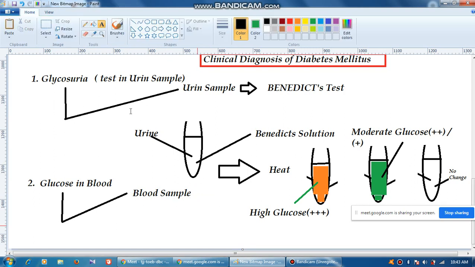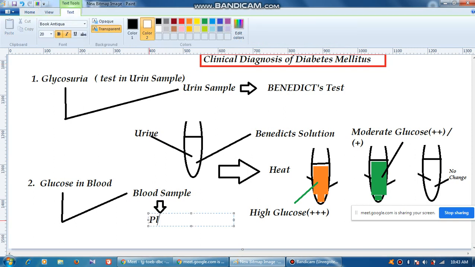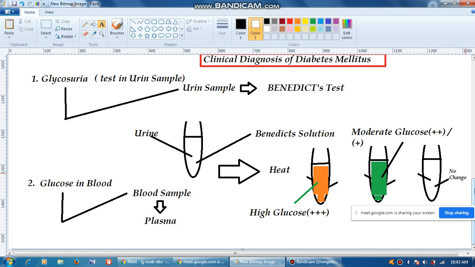The processing and all other things I will talk about later on. From the blood sample, we will mostly isolate plasma, and then subsequently we will do a test.